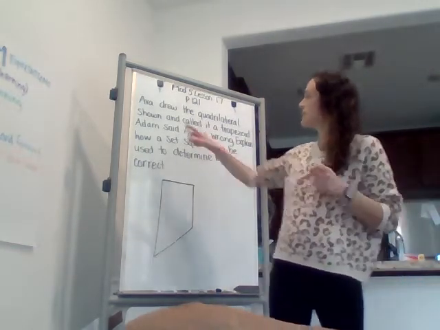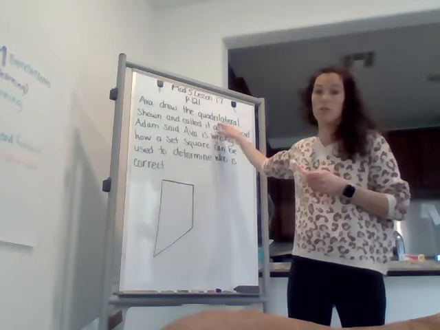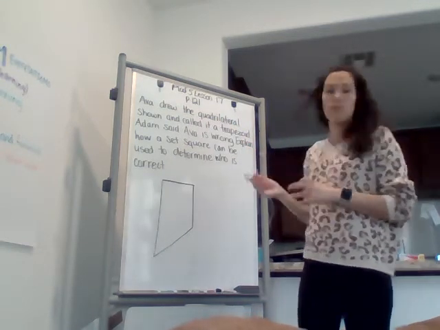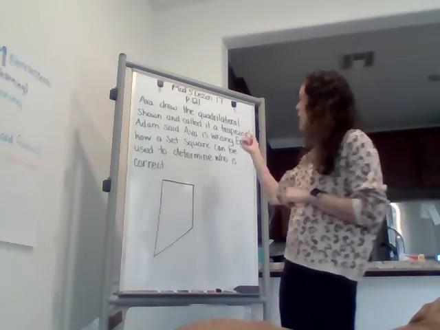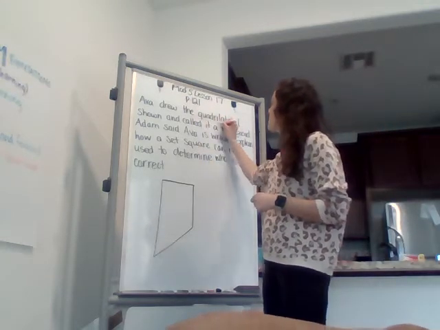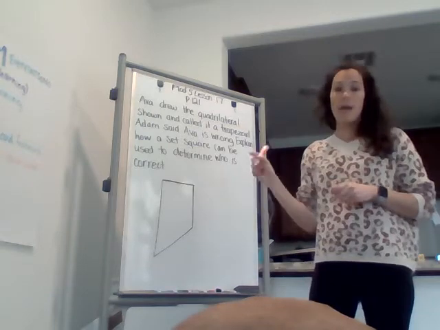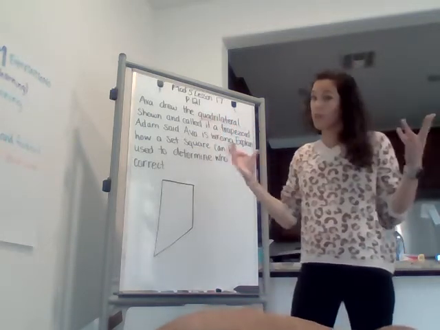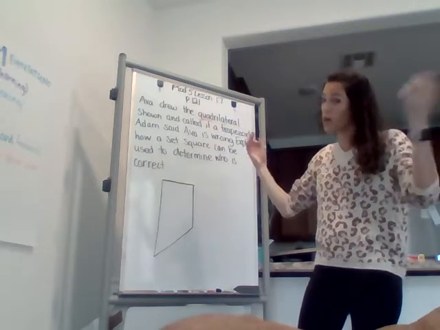So it says Ava drew the quadrilateral. So if we start there, we should know from years past, definitely in second grade, what a quadrilateral is. You know me, I like to unpack words. We'd probably start with quad. And one of you brilliant children would say, that means four.